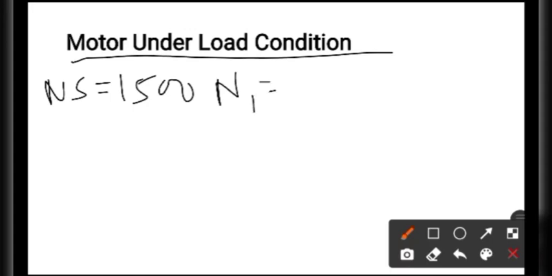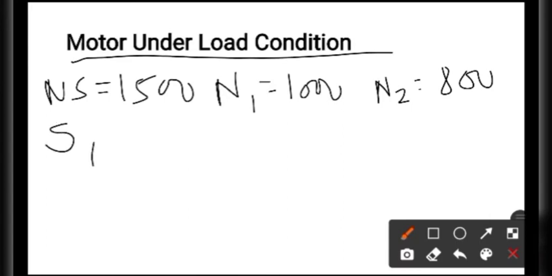Consider an induction motor having a synchronous speed of 1500 rpm. Consider case 1, that is N1 is 1000 rpm and N2 is 800 rpm. Next we are going to calculate slip 1 at motor speed of 1000 rpm.